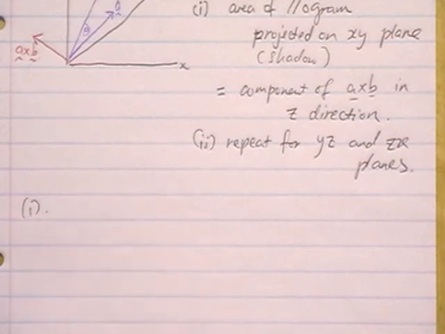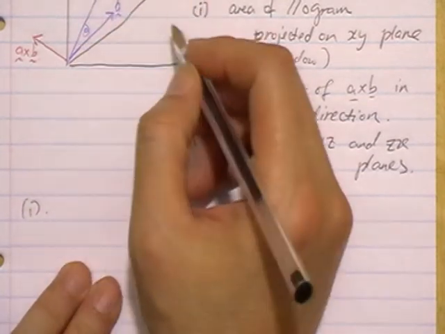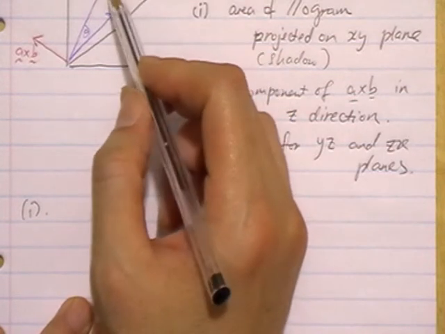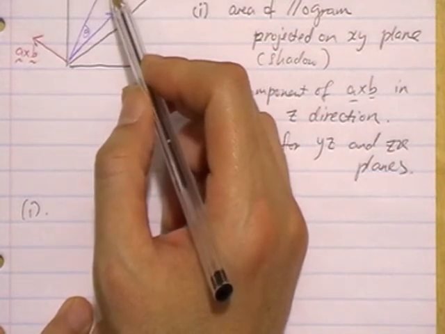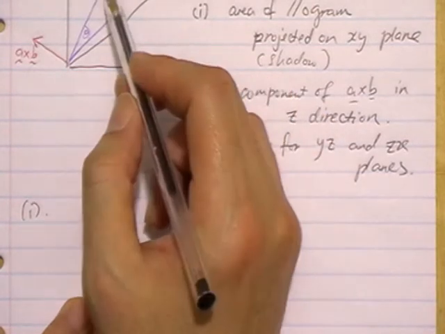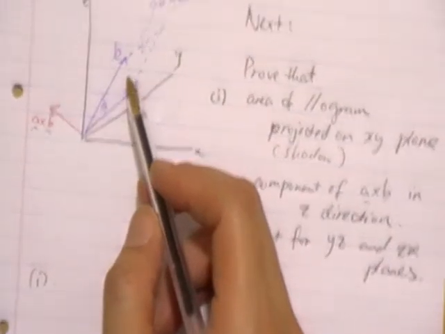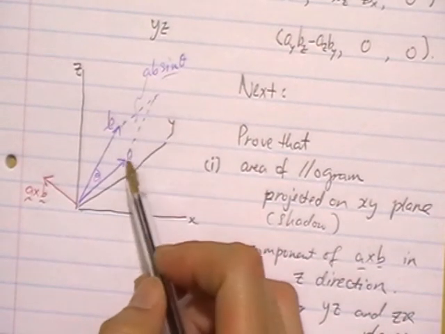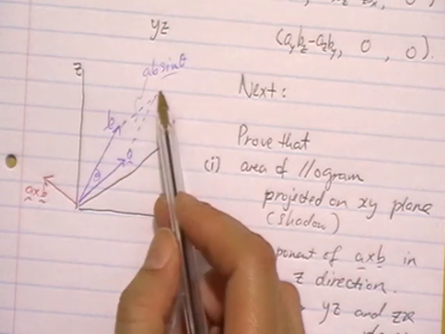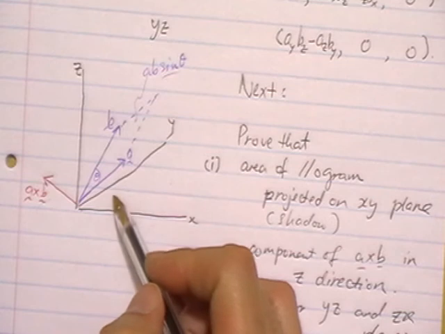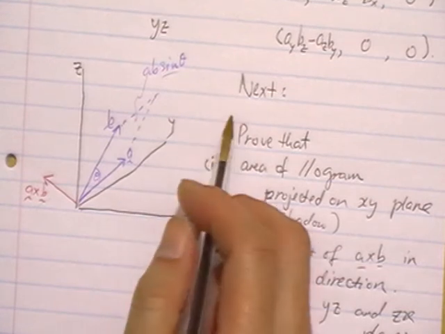And to do that, we can start by thinking about the xy coordinates of the corners of the parallelogram when it is projected down onto the xy plane.